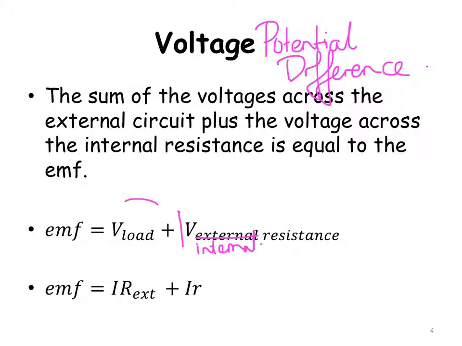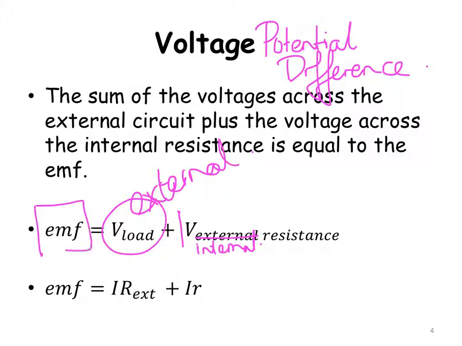So it's going to be the load, which is your external, in other words, what's going on in the actual circuit, plus the internal resistance is going to equal the EMF. And in other words, how do I work out the potential difference of the external circuit? I am going to say the series current multiplied by the external resistance gives me the external potential difference.